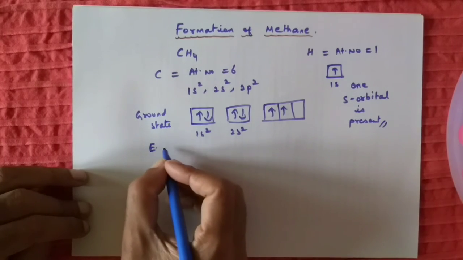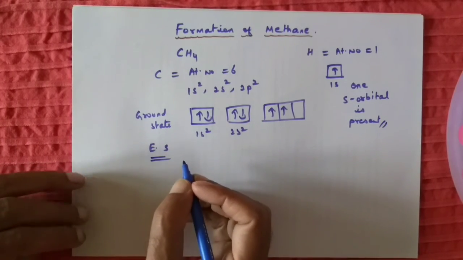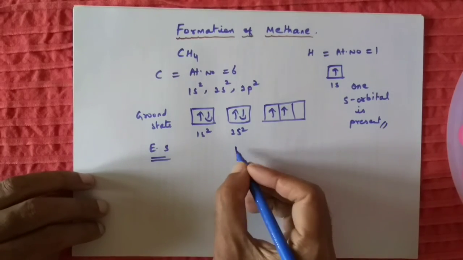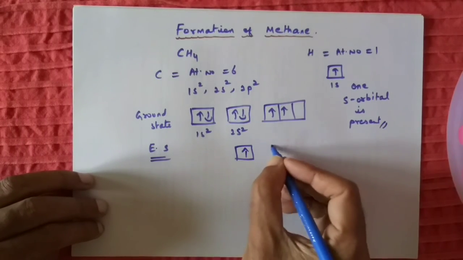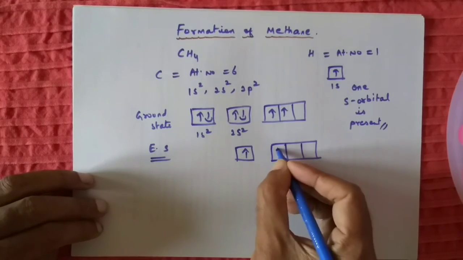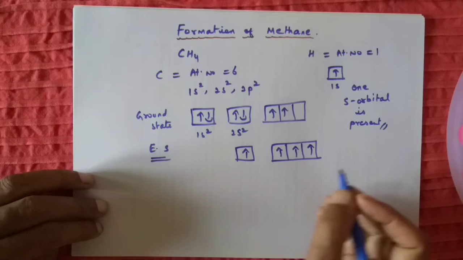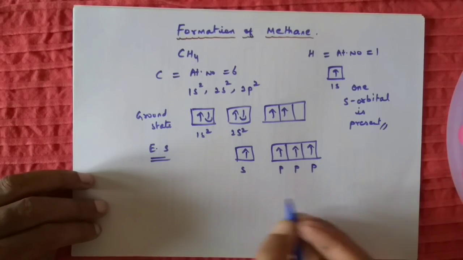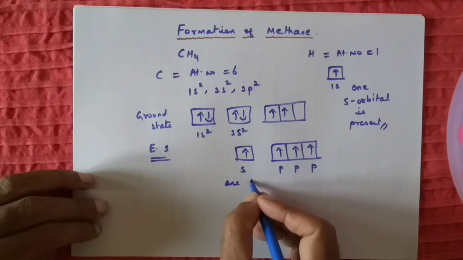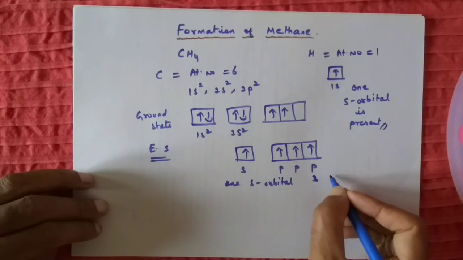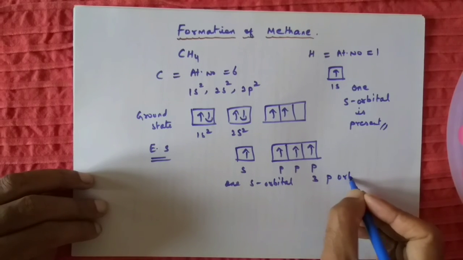In the excited state, one electron from the s will move to the p. So the next diagram will be like this: one s orbital and 3 p orbitals are present.